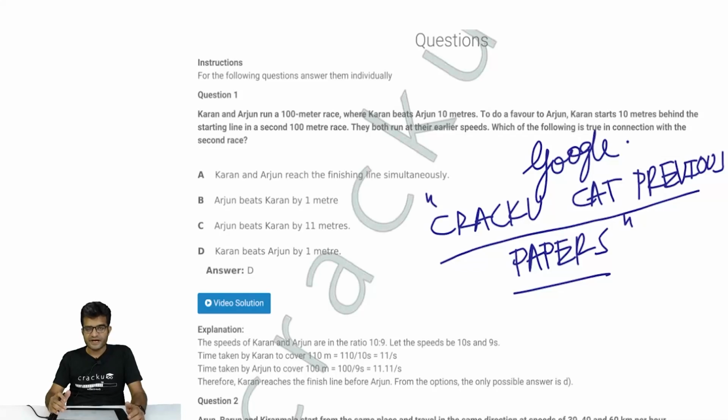In this PDF, we have 68 questions from time, speed, distance and work, all of them with video solutions. The way to go about it is have a pen and a paper, download this PDF, look at the first question and try to answer it. In this case, for example, you are told that Karan and Arjun are participating in a 100-meter race. So this is a time, speed and distance question. Try to answer it to the best of your ability. If you are able to answer it, that is good.